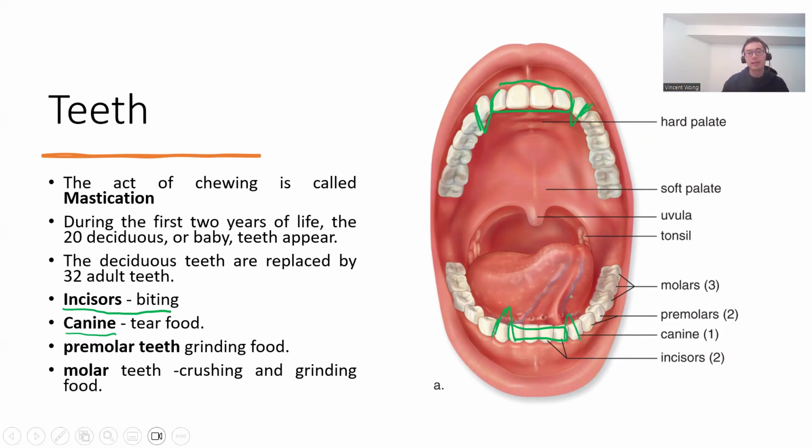Those are the canines, and those are for tearing. If something is really chewy, you tear it off with the canine. Premolars and molars, those are for grinding and crushing the food. So you chew off, again, whatever it is, the burger, and then you move it to the back and bite it some more, grind it down before you swallow it, right?